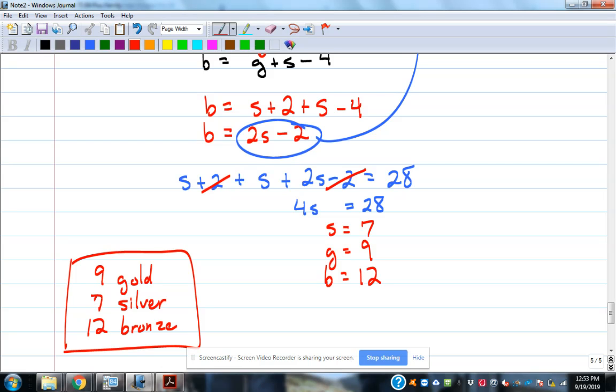All right, so you only got 5 problems on the practice for this. Tomorrow, the quiz does not cover this. This will not be on the quiz. Okay? The quiz will cover systems of equations by graphing, by substitution, by elimination, and the word problems are those.